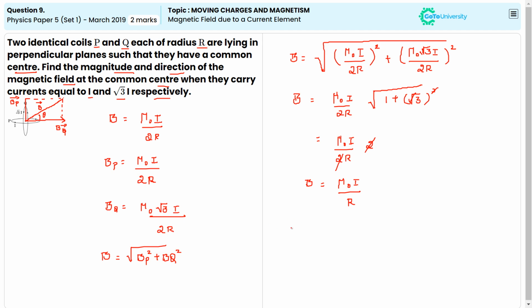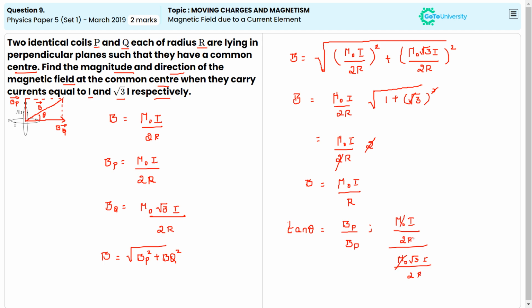They are also asking for the direction. The direction is given by tan theta equals BP divided by BQ. That is mu naught I divided by 2R, divided by mu naught root 3 I divided by 2R.